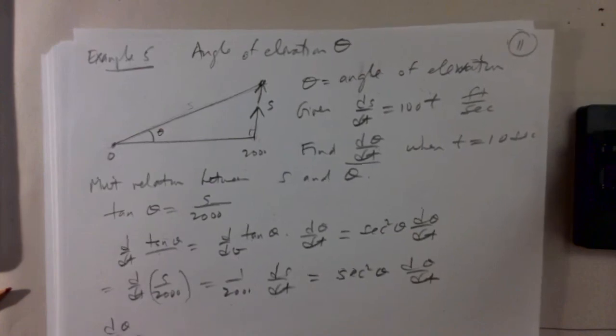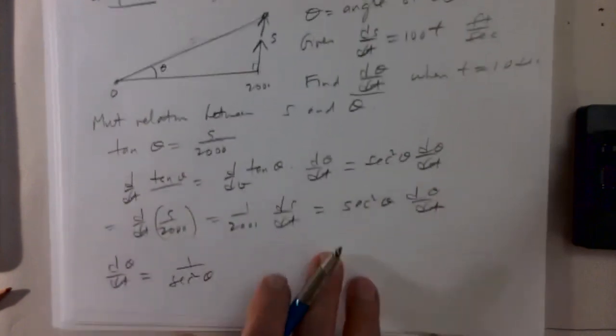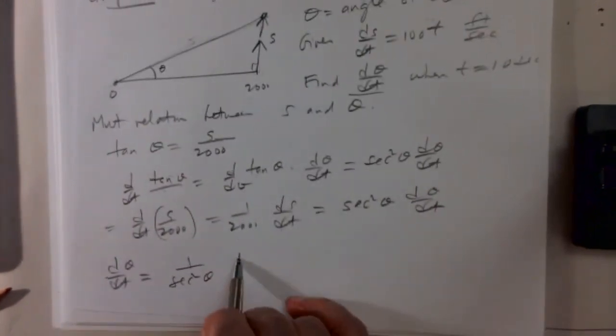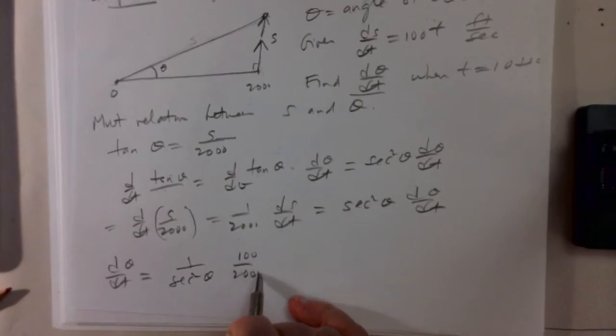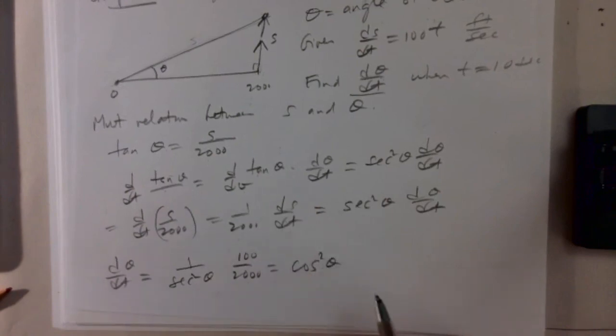So d theta/dt, if you solve, just bring 1 over secant squared theta, 100 over 2,000. 1 over the secant is cosine, so it's cosine squared theta over 20.